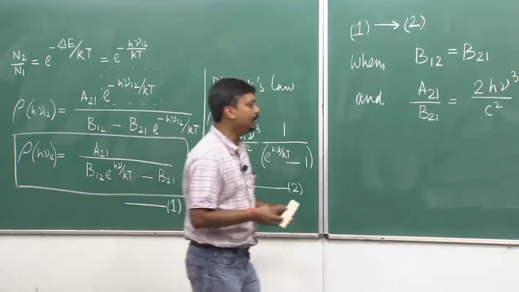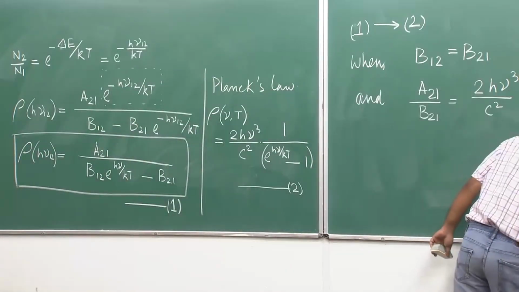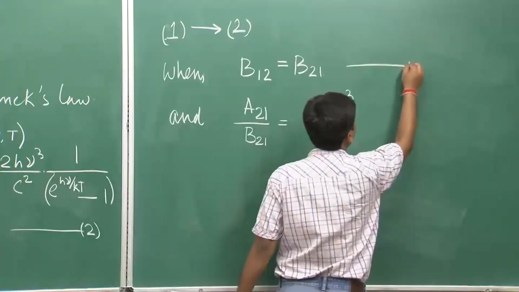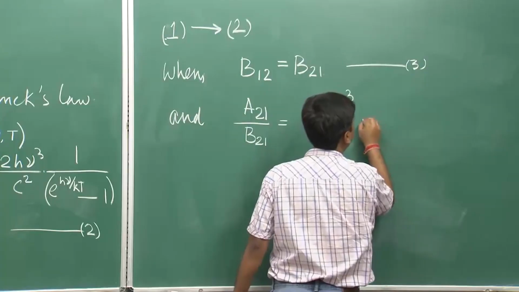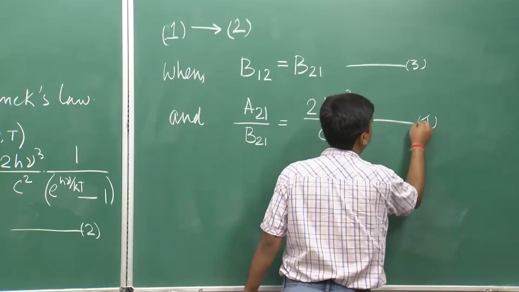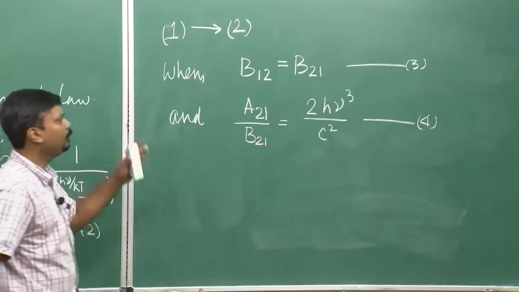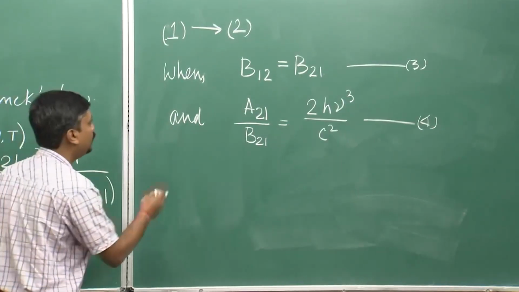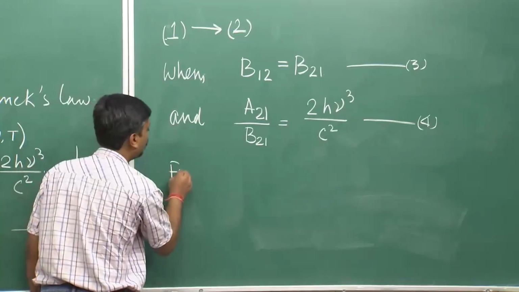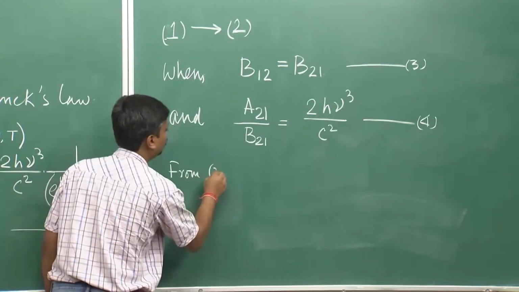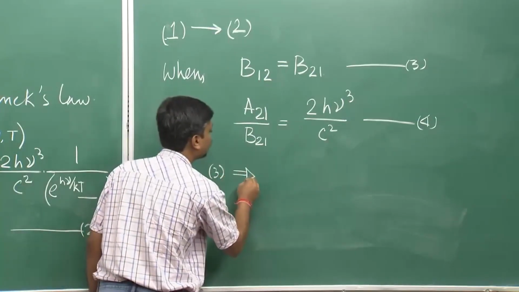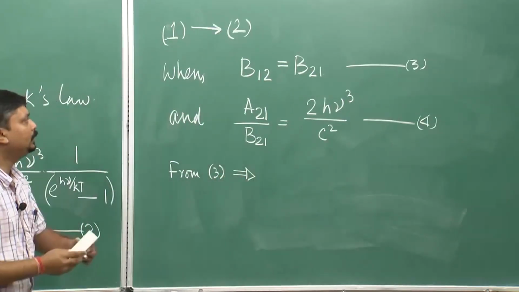Now, there are very interesting things to notice here. Suppose I mark this one as 3 and this one as 4. Then from 3, what do I see? B 1 2 and B 2 1 are equal. From equation 3, what is B 1 2?